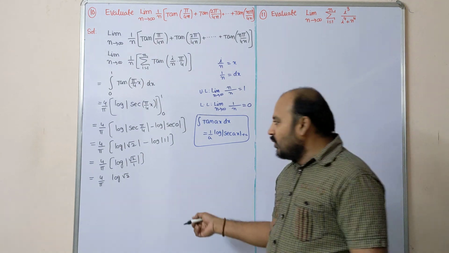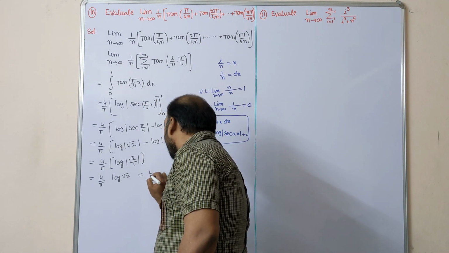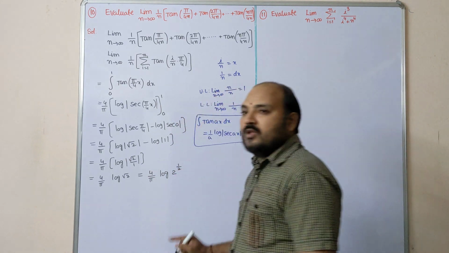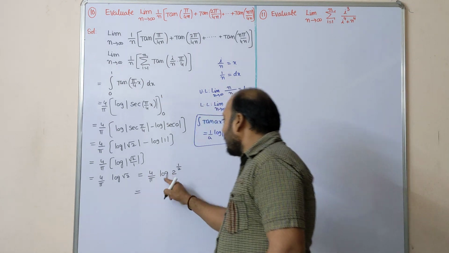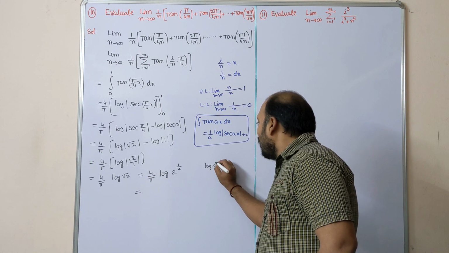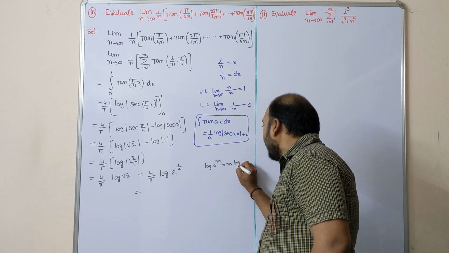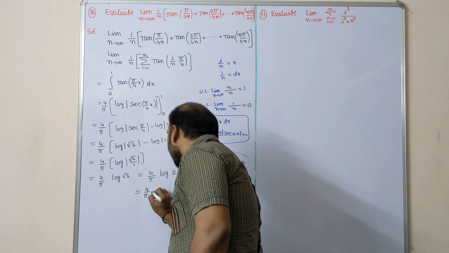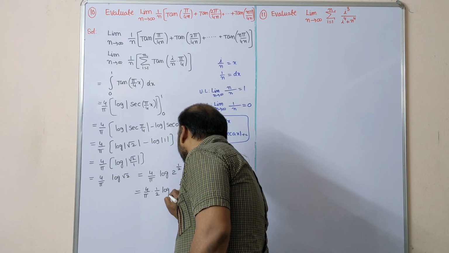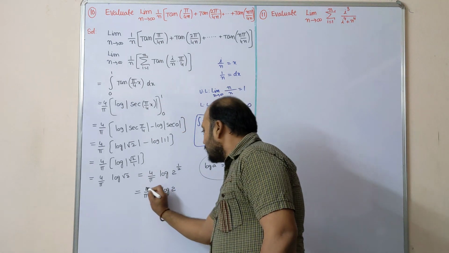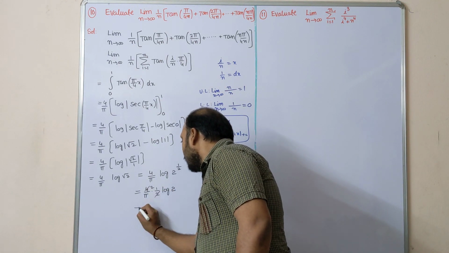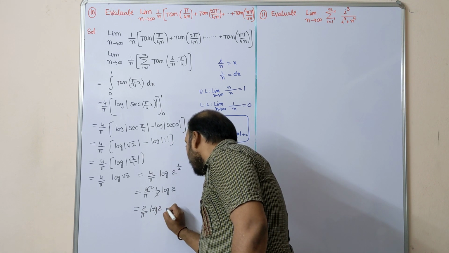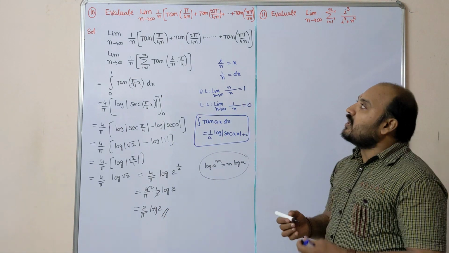Root 2 means 2 power 1 by 2, so 4 by pi log 2 power 1 by 2. By the logarithm property, log a power m equals m into log a. So 4 by pi into 1 by 2 log 2. 2 ones, 2 twos, so this is equal to 2 by pi into log 2. So this is the value of the given limit.